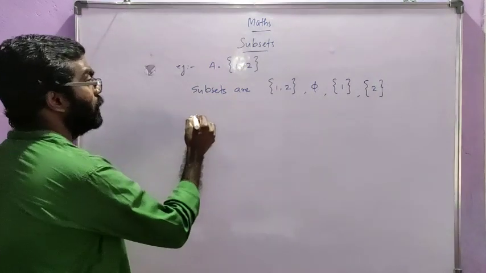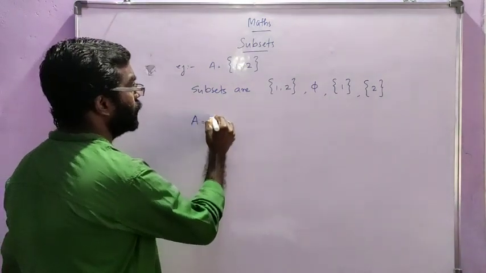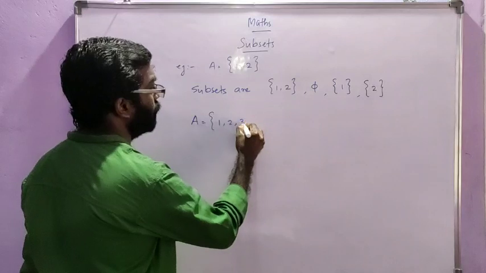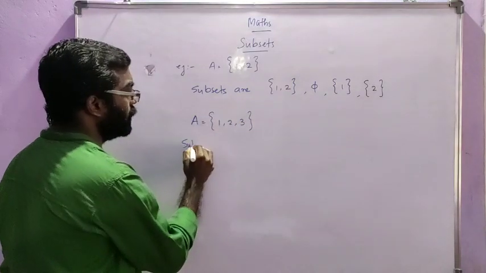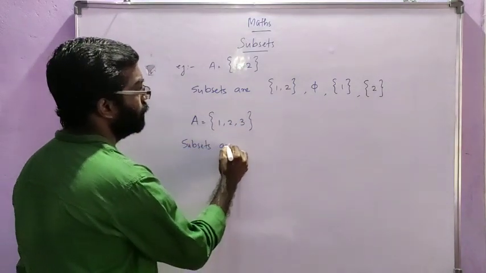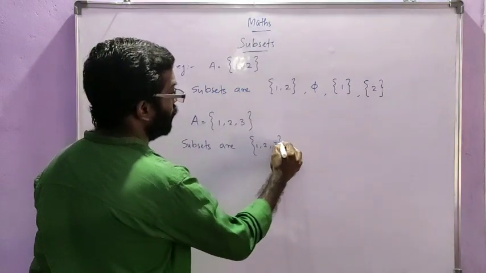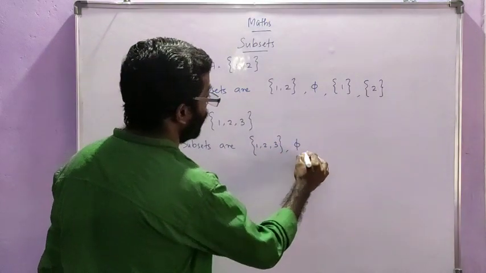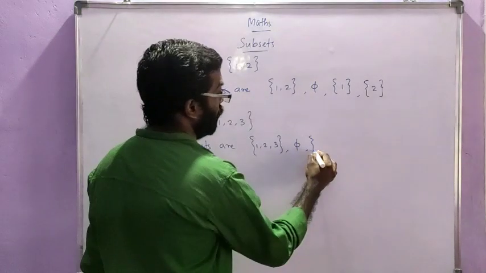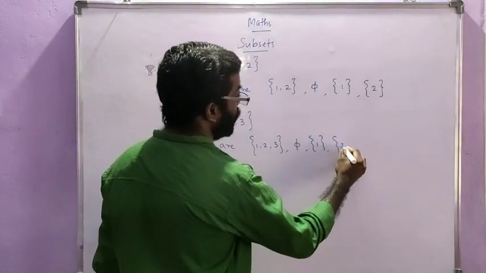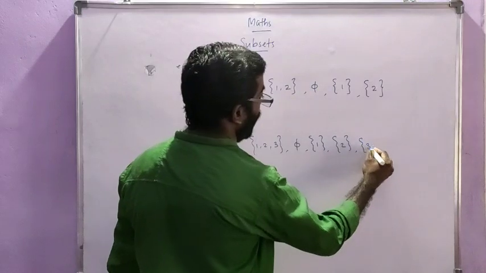Okay, then consider another example. A is equal to set 1, 2, 3. Here the subsets are, one is the same set 1, 2, 3. Then the null set phi. Then set 1, set 2, set 3.